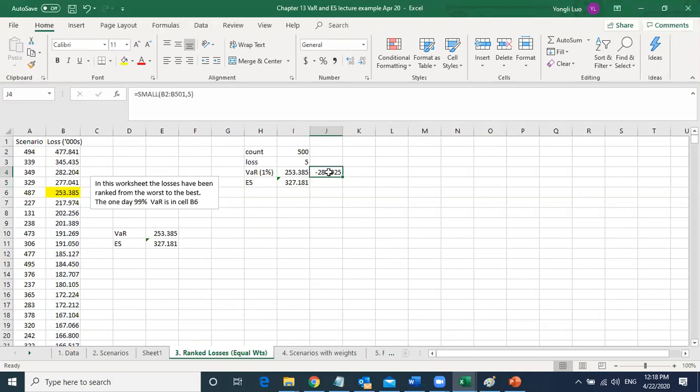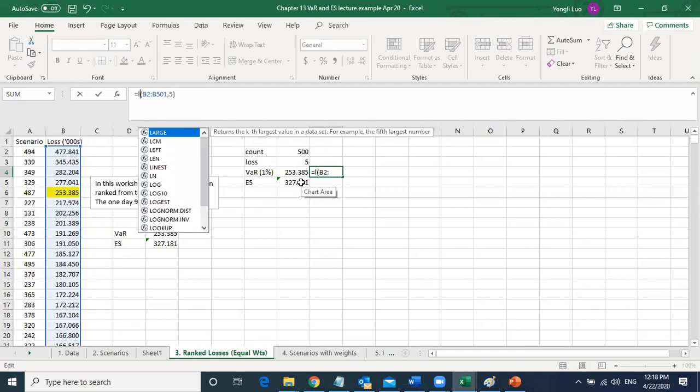Let me see. B2 to B501. So we have 290. Okay, that's because it gives the smallest one, and we're using absolute values.